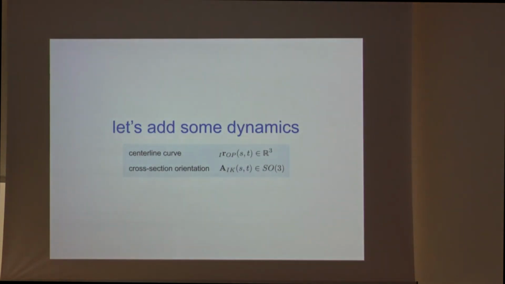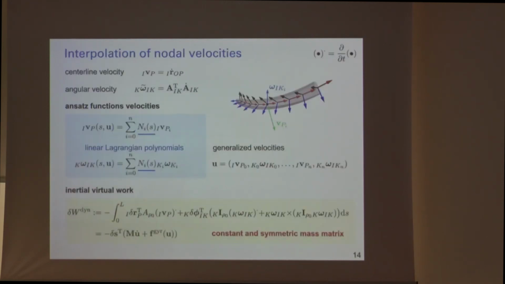So now let's add some dynamics. Then the centerline curve and the cross-section orientations become explicitly time dependent. So we can define, in analogy to the positional derivatives, also centerline velocities by the time derivative, and also the angular velocity, which will also have a representation in the cross-section fixed frame.